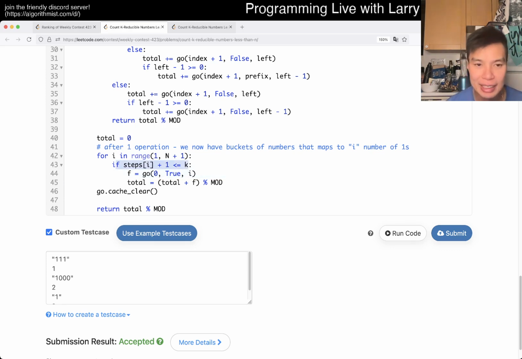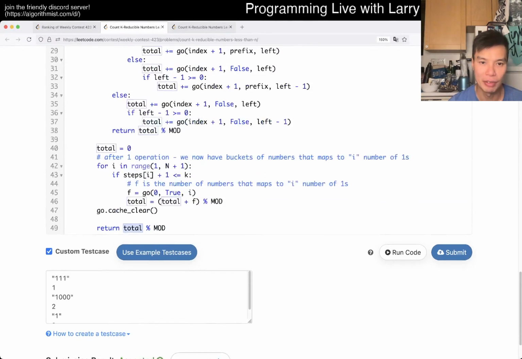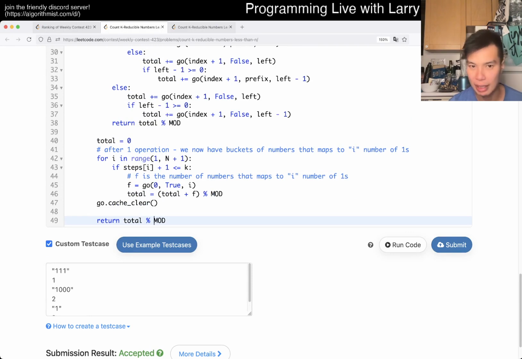So if this is close enough, then we count out f, the number of numbers that map to i number of ones. So the idea is that we check whether the numbers that are one step away from i are good. If they're good, then we count how many there are, and we just total them all together. And that's pretty much it.